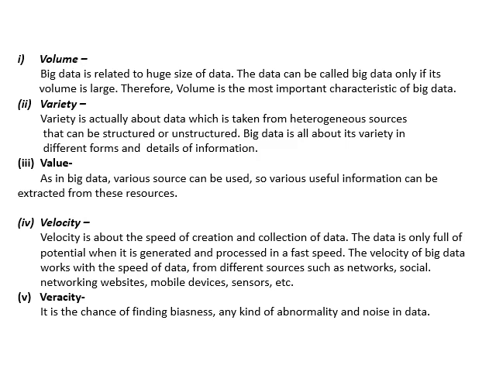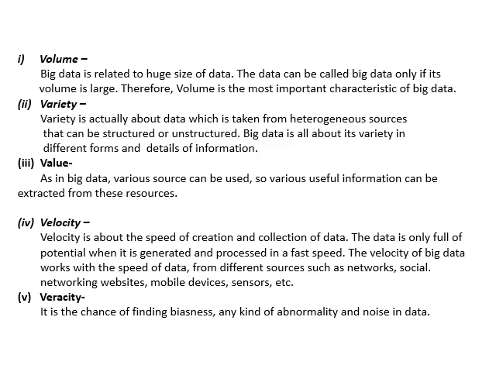The next characteristic is value. As in big data, various sources can be used, so various useful information can be extracted from these resources. The next characteristic is velocity. The term velocity refers to the speed of generation of data. Velocity is about the speed of creation and collection of data. The data is only full of potential when it is generated and processed at a fast speed.